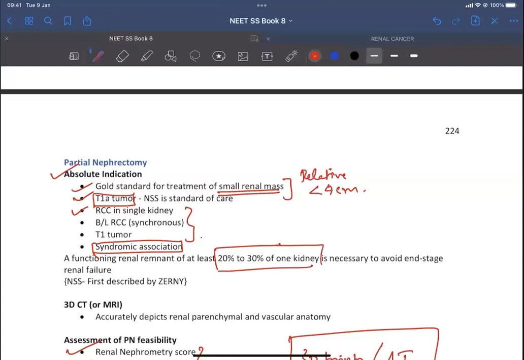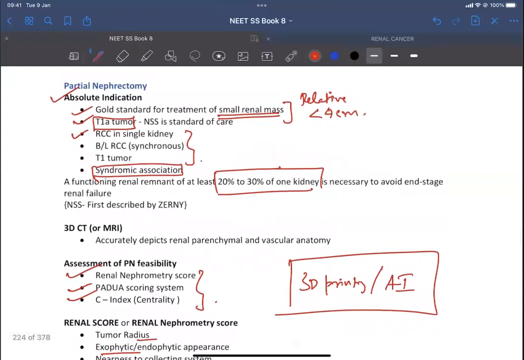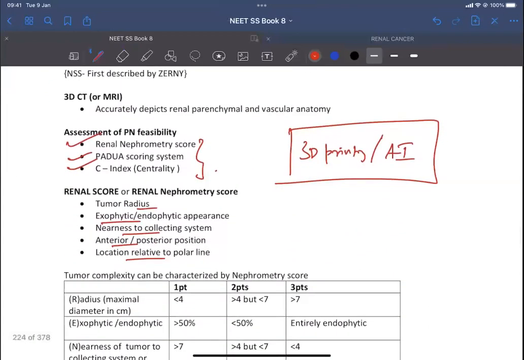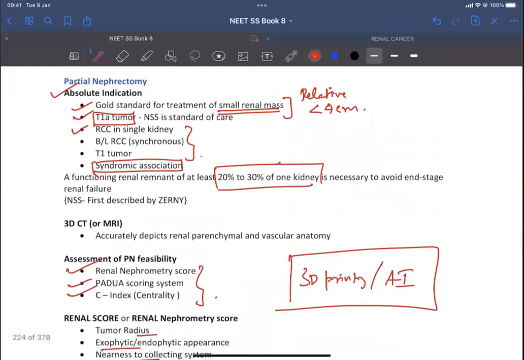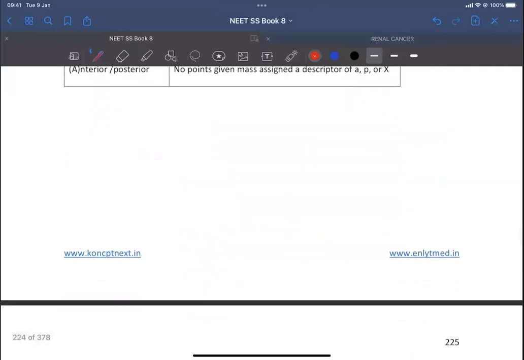So this is very important. You only need 20 to 30% of one kidney to avoid end-stage renal disease. So you've got a lot of room to play with. Even in bilateral tumors, you can easily perform a proper partial nephrectomy on both sides and still keep the patient free from dialysis.